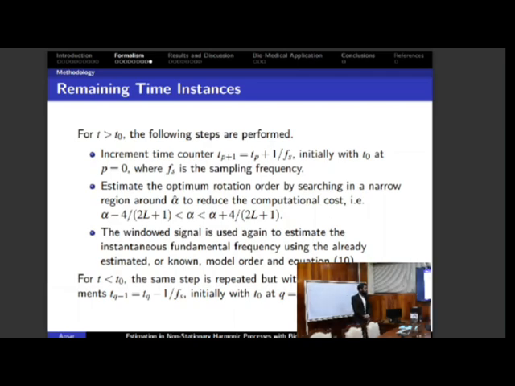So we will narrow our region within this search. After getting the windowed signal, we will again apply the instantaneous fundamental frequency estimation. This time there is no need to find the model order, because the model order is already estimated. So within the whole signal we will use the same model order. And to the left we will repeat the same steps, but the time counter will be decremented with t_q minus 1 by fs.